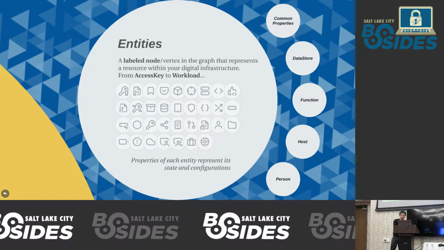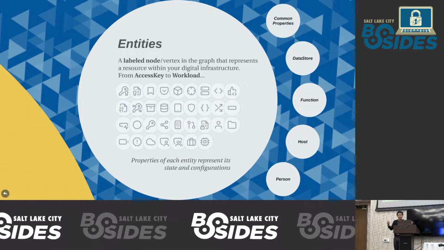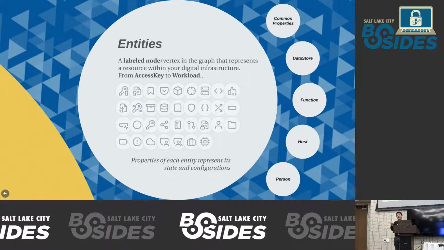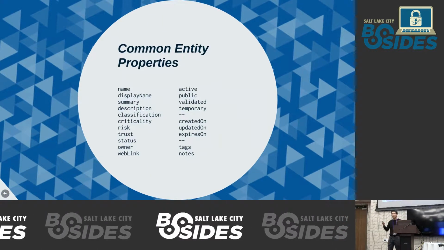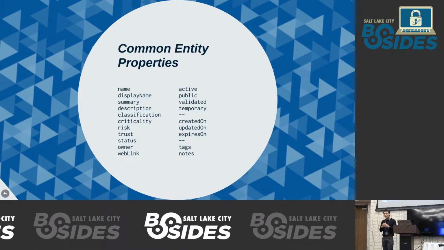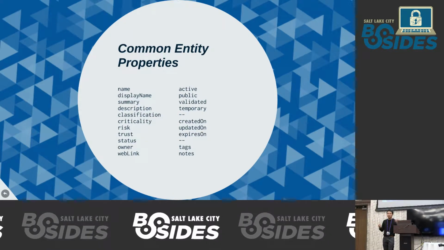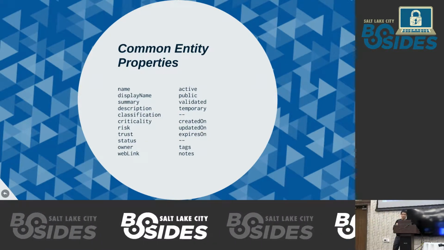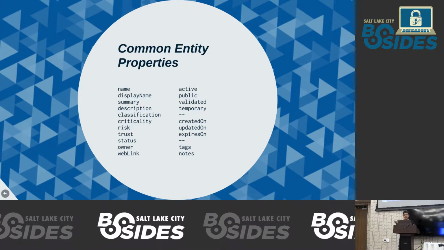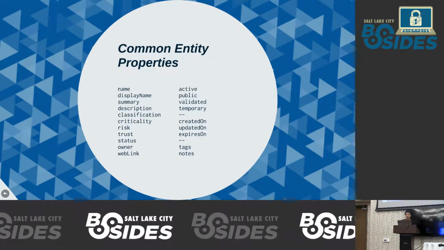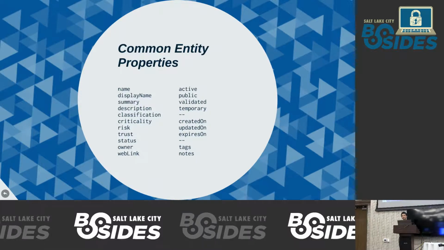Now, each entity has its set of properties, and these properties represent its state and its configurations. There are some common properties that would apply across all entities. Here are some examples of those. For example, the name, the display name, how they're displayed, and the summary, description, classification, risk, status, and so on and so forth.